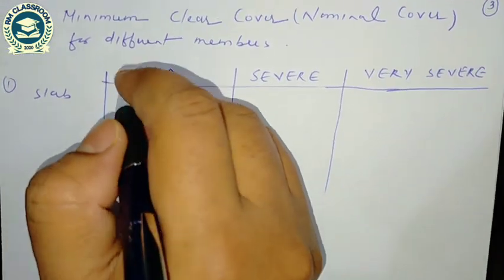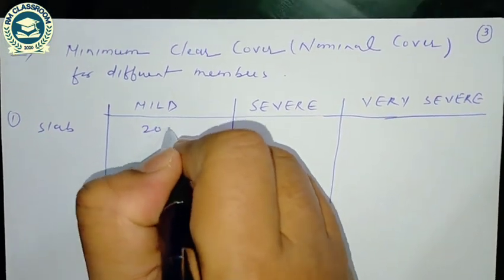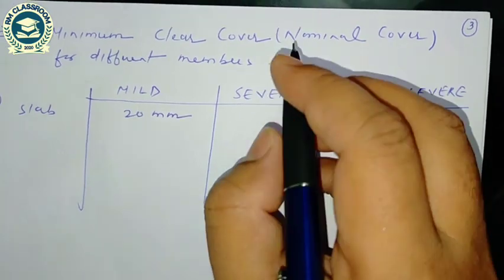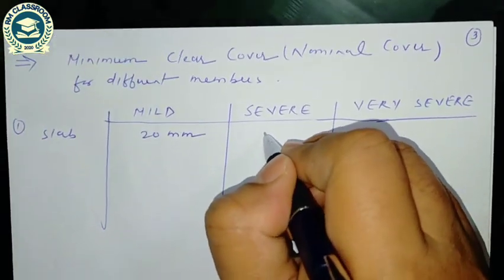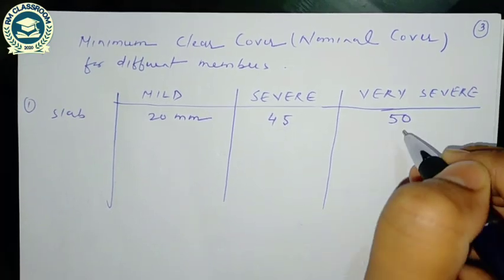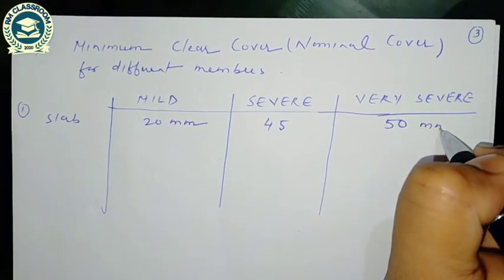In case of slab we have to take the minimum nominal cover as 20 mm when our exposure condition is mild. Similarly in case of severe it is 45 and very severe or extreme 50 mm we have to take.